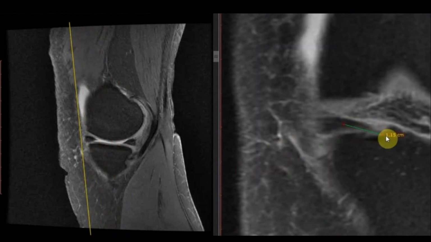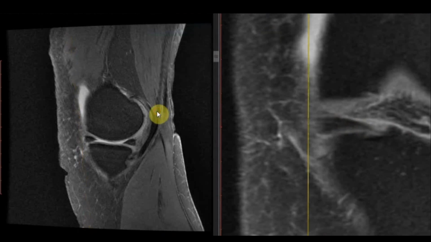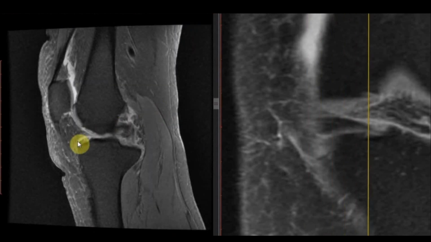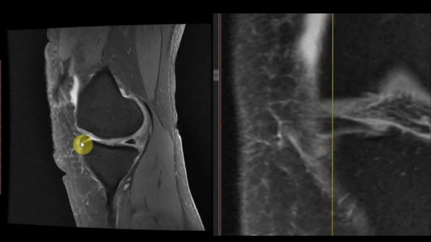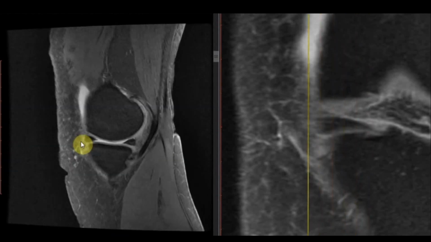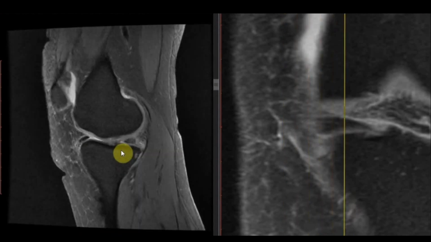This is the anterior root attachment of the medial meniscus, which is normal. Let's see the anterior root attachment. So this is the anterior root attachment of the medial meniscus, which is intact. It is not torn. This is the body. This is also normal.